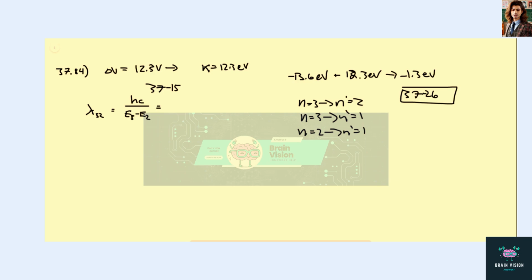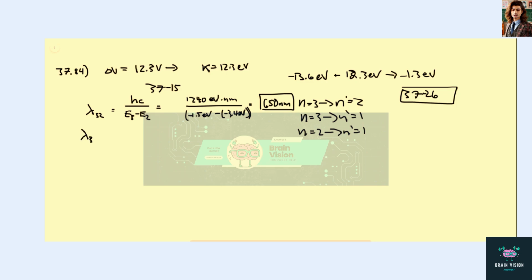Okay, so we can look at the energy diagram to get these values, but hc is 1240 eV nanometers, and E3, if we look at it, is negative 1.5 eV, and E2 is negative 3.4 eV. So if we plug that in, we get a wavelength of 650 nanometers. So there's the first possible wavelength.